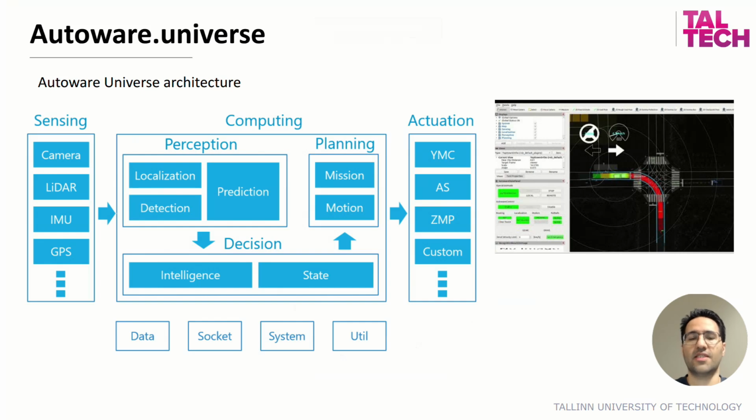Autoware Universe is the latest version of the Autoware platform, which uses different elements of autonomy, starting from sensing, then perception, detection and planning, and finally the actuation, which goes through all the hardware elements of the car and navigates the vehicle inside the map.